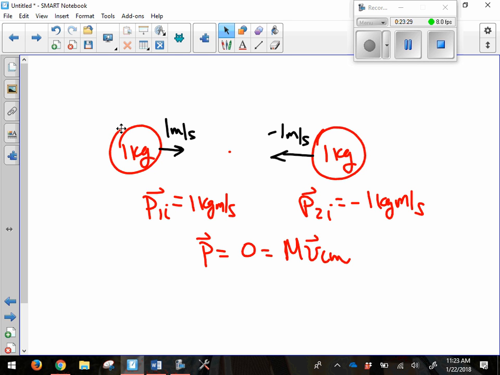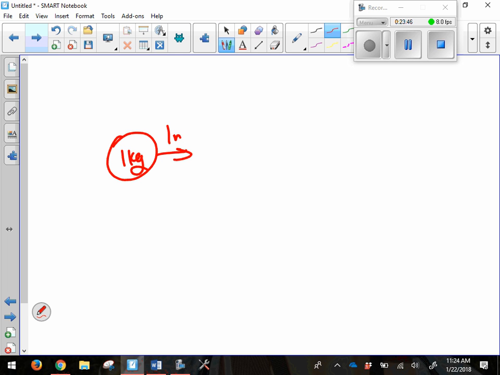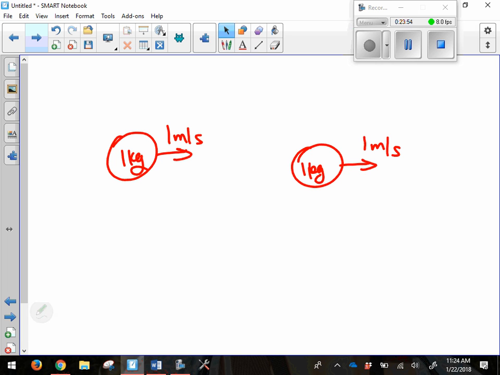So in a situation like that, maybe what I really care about is what the center of mass of the system is doing. If they were both moving in the other direction, that would be different. So if I had my 1 kilogram mass and it was moving this way, and I had another kilogram mass moving that way, again, where's the center of mass?